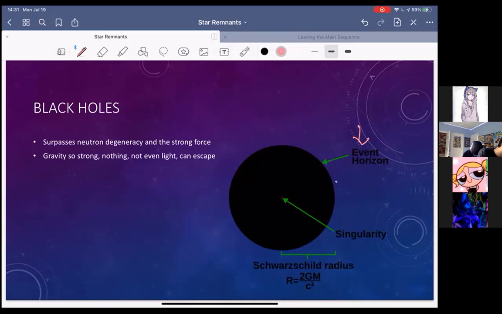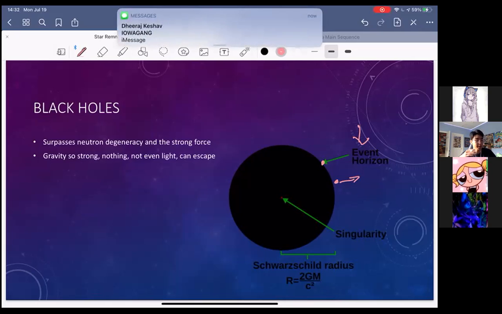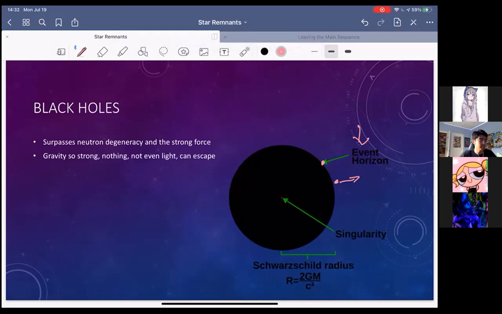If you were a light particle right here and tried to escape, that's fine, because you're outside the event horizon. You're far enough away from the singularity that you can escape. So the event horizon is that cutoff point, the distance away from the singularity that you have to be in order to escape if you were light.